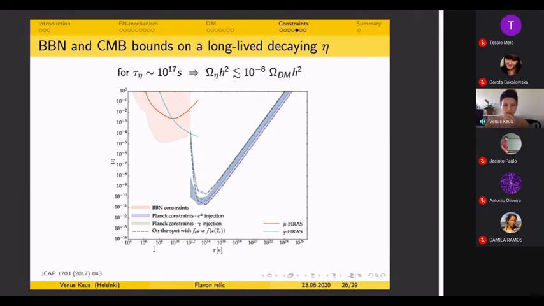So, for example, if the lifetime of your particle is around 10 to 8 seconds or so, you're only allowed to have 10 to minus 5 times the abundance of dark matter today of it. So for a very short-lived particle, there are quite constraining limits on its abundance.